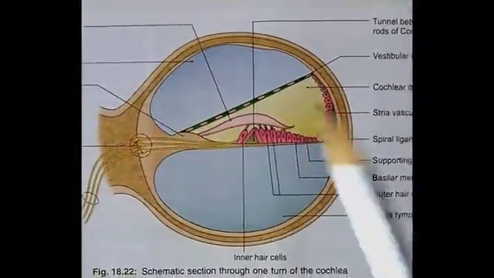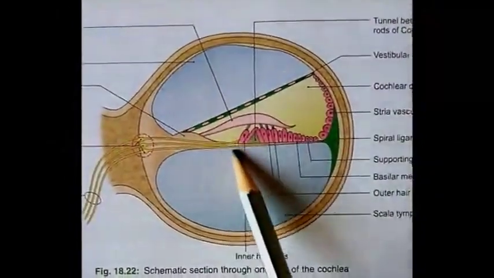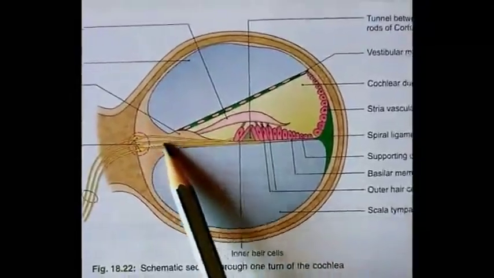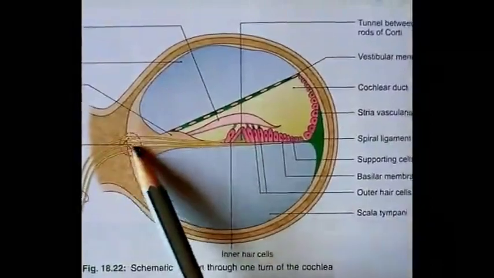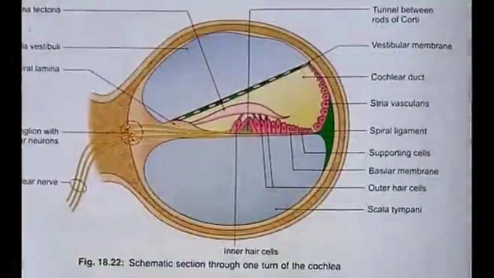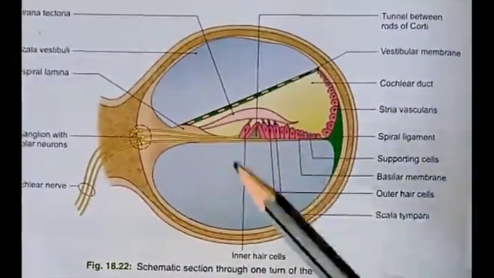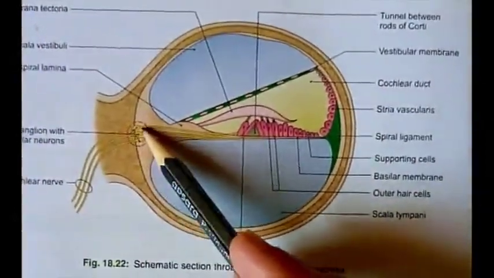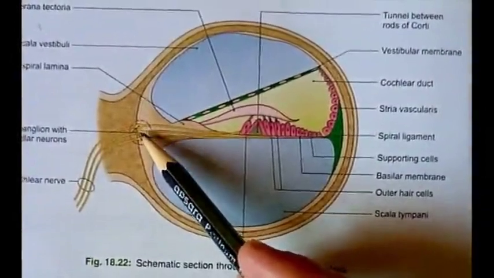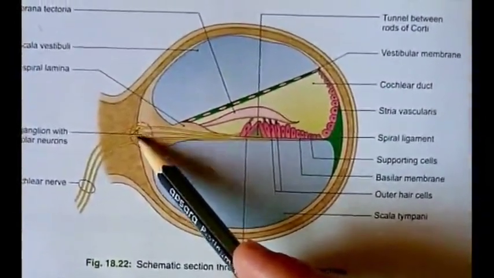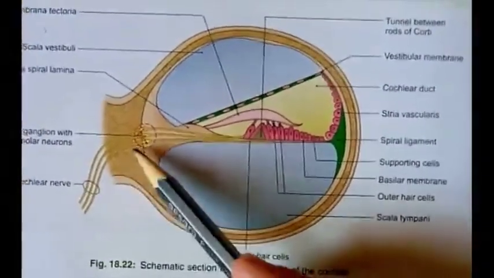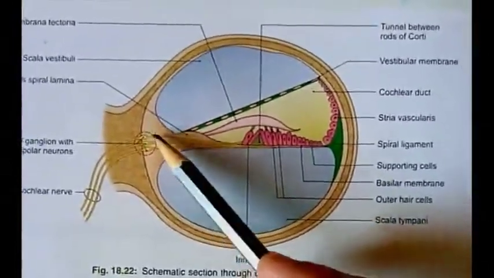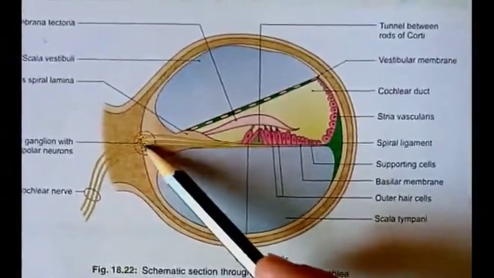The organ of Corti is innervated by peripheral processes of bipolar cells present in the spiral ganglion. The spiral ganglion is visible here. The spiral ganglion is present in the spiral canal over the spiral lamina. So this spiral ganglion has bipolar cells.